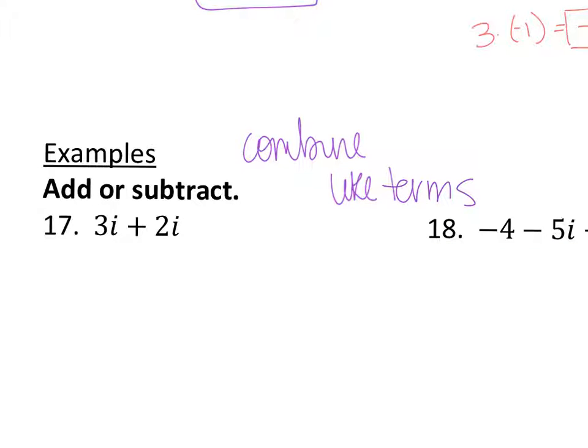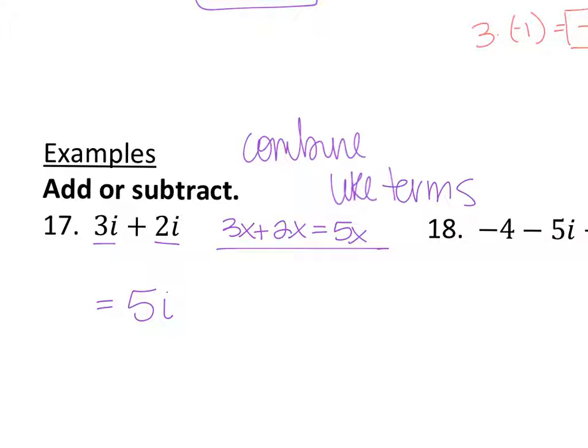Now, just like an x value, if this was 3x plus 2x, you'd get 5x. That is the same thinking you're going to use with complex numbers. So 3i plus 2i is going to be 5i.